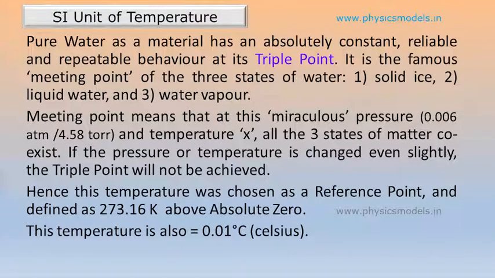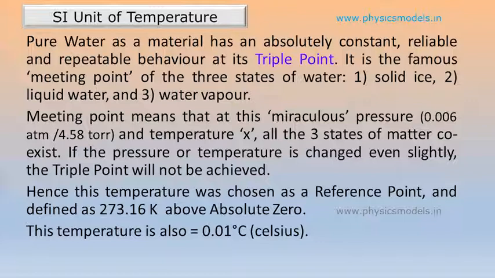Pure water is a material and it exhibits a very constant, reliable and repeatable behavior as far as its triple point is concerned, which means that the pressure and temperature at which the triple point happens is constant, reliable and repeatable. This famous meeting point happens only at a fixed pressure of 0.006 atmospheres and a fixed temperature of 0.01 degree Celsius.